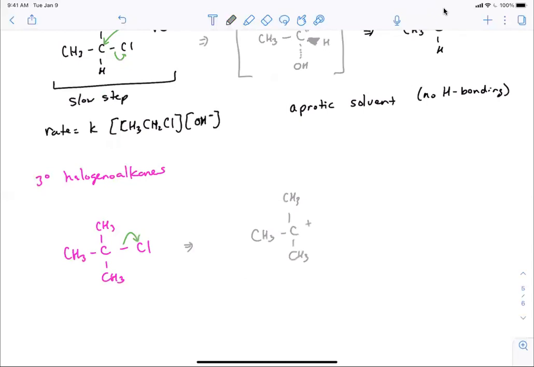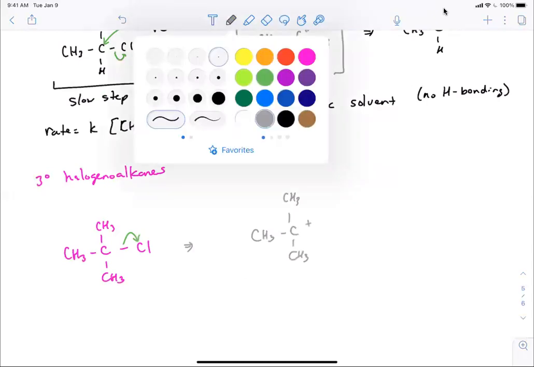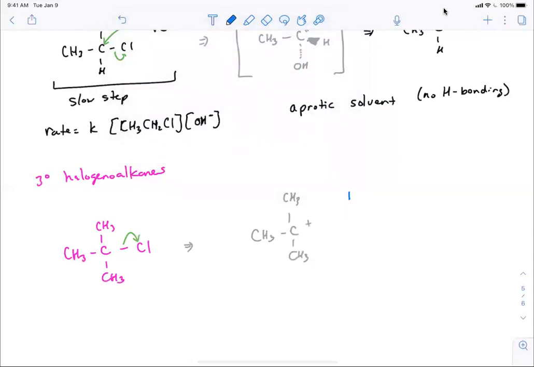I guess we don't really draw brackets here. We can just write it like that. And then the hydroxide attacks the carbon. So this is a carbocation. So it's transition state versus the formation of a carbocation. But you still end up getting the alcohol.